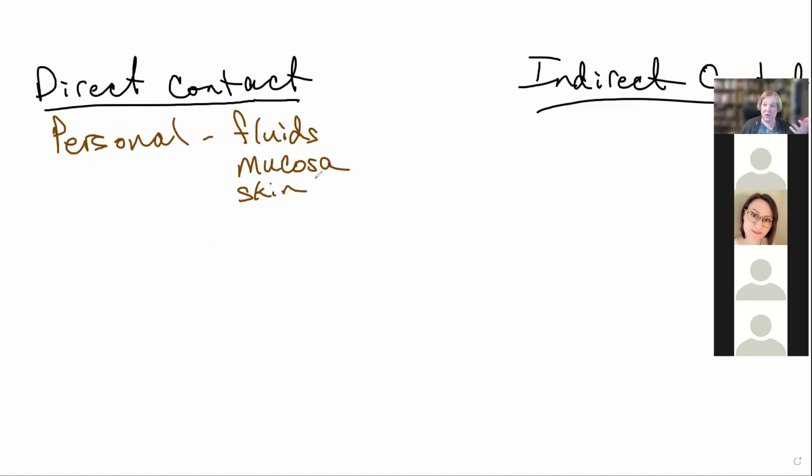So if we're talking skin, we're talking handshakes, hugs. Once we get into mucosa, we're getting into kisses, sex. And fluids, of course, are exchanged during sex and kissing. But you can also have fluids exchanged by a blood transfusion. Also included in this, even though it's not really fluids, organ transplants.